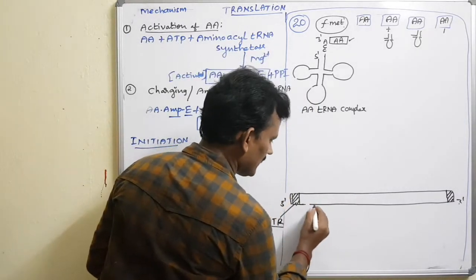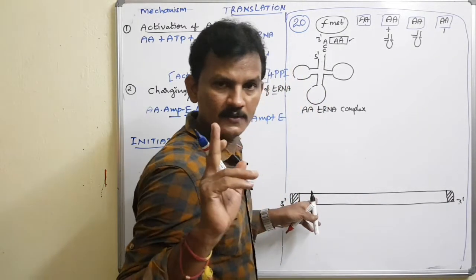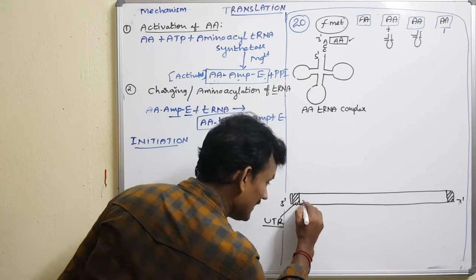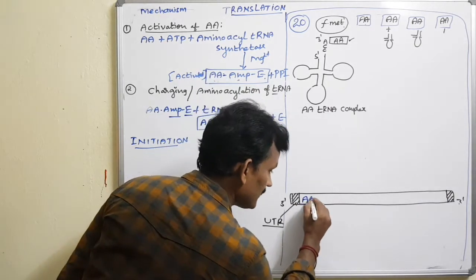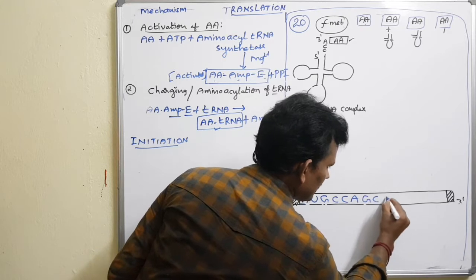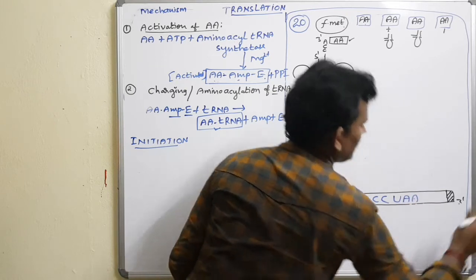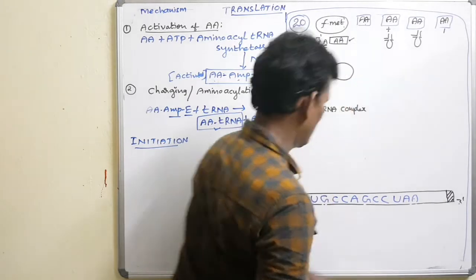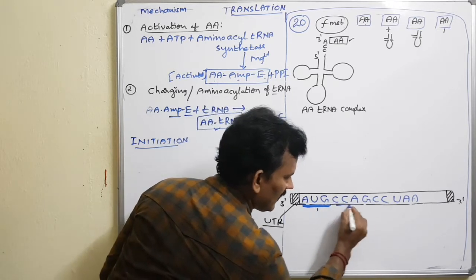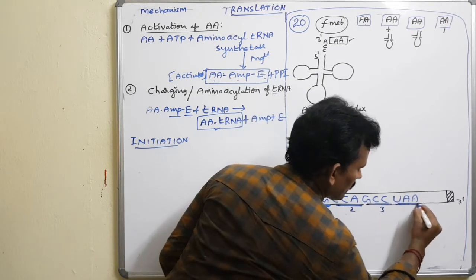On the mRNA there are nucleotides, and here we are noticing only the nitrogenous bases: A, U, G, C, A, G, C, and so on, U, A. But three adjacent nucleotides are called one codon, the next three adjacent nucleotides another codon, and so on.